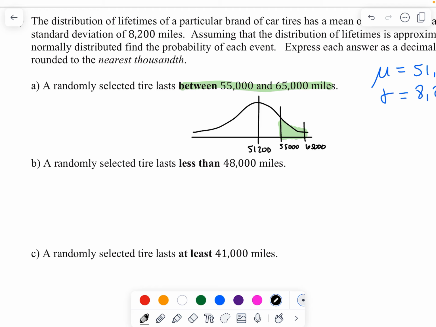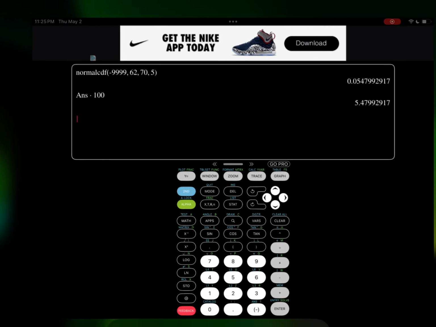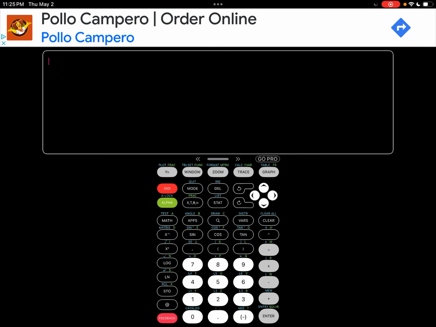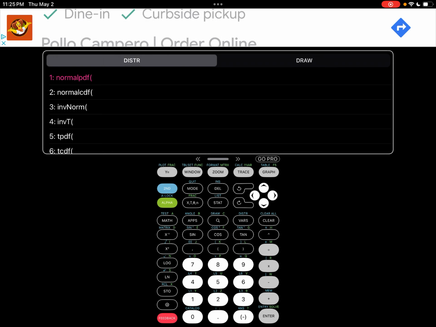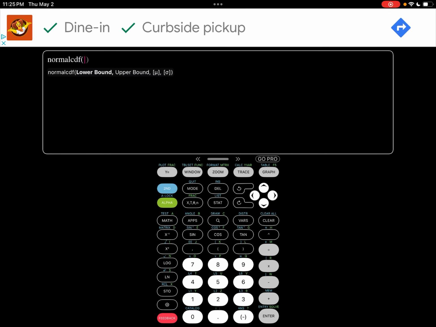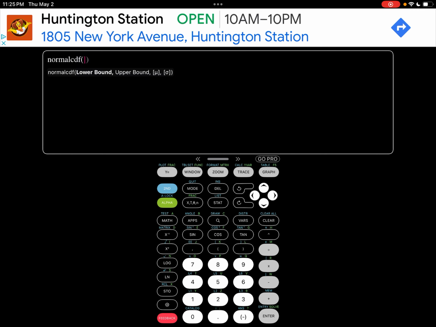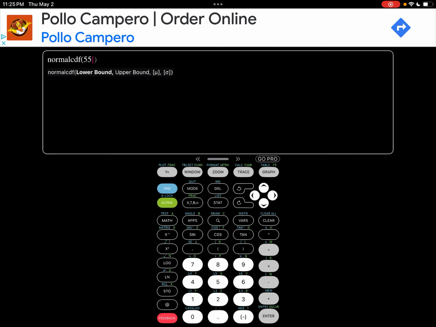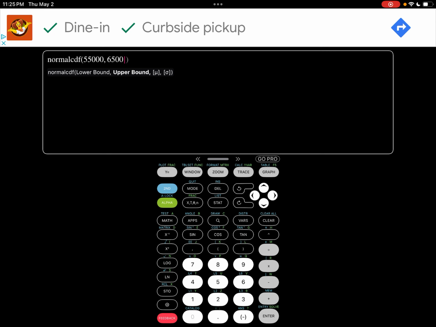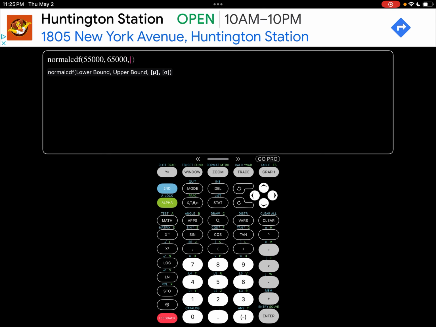So when you go to your calculator, we're going to click second VARs, choice 2. In this case, the lower bound should be our 55,000. That's the value to the left of this interval. 65,000 is the one to the right. That should be our upper.